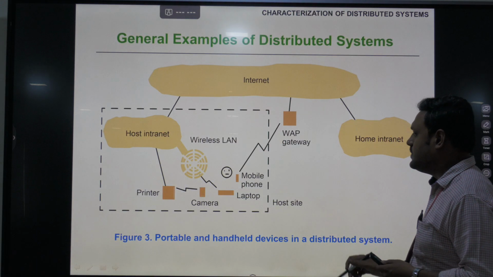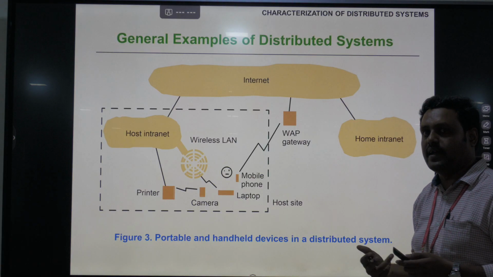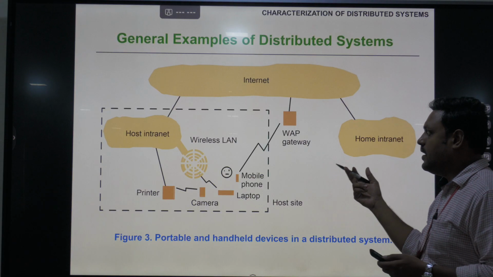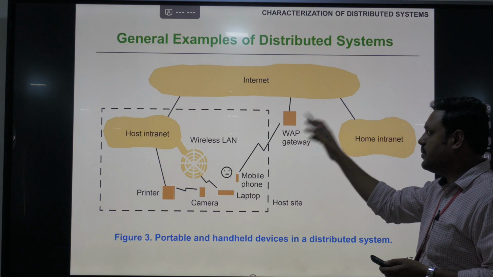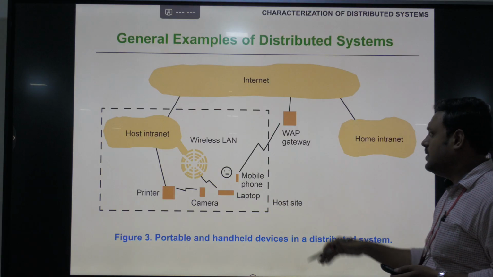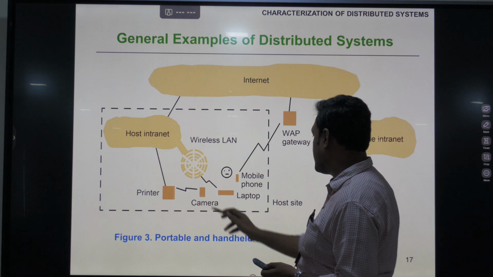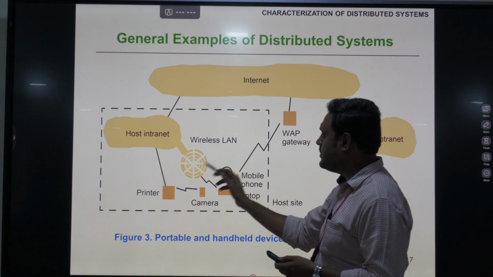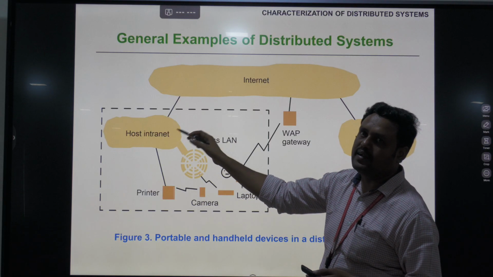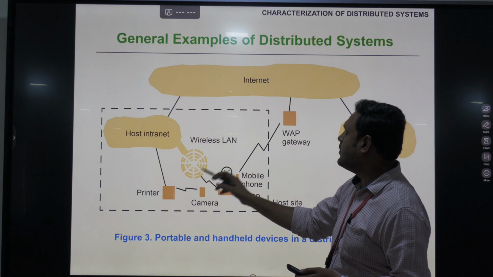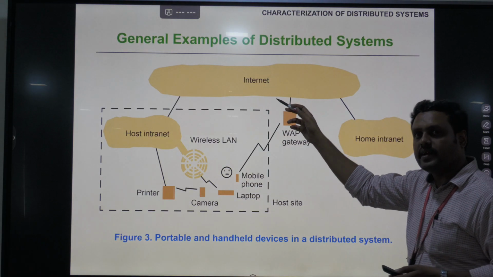Here you can see the portable and handheld devices in a distributed system. All the devices which we handle in hand, or any devices which we have discussed so far, may be a part of the distributed network. Mobile phones, laptops, cameras, printers, all are handheld devices which can be connected to the local network, called the host intranet, and in turn they are connected to the internet, which is provided by the internet service providers.